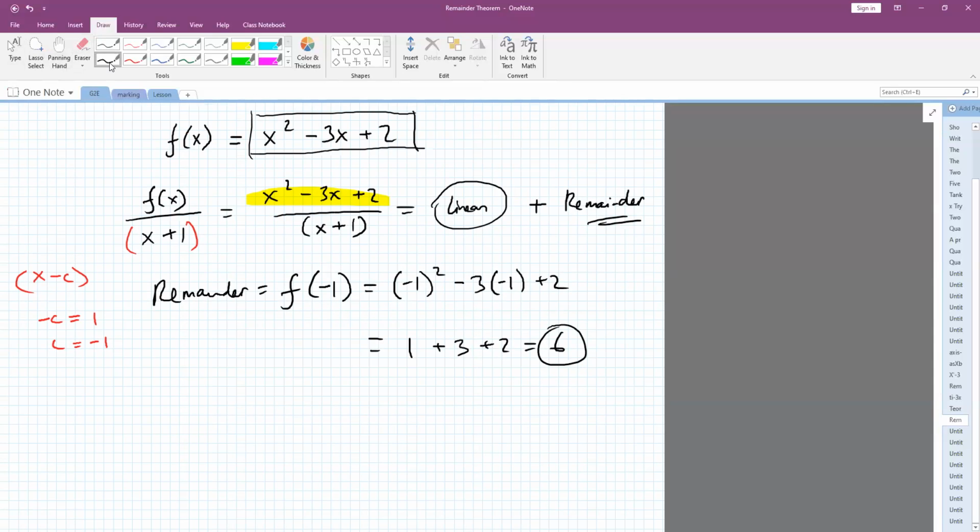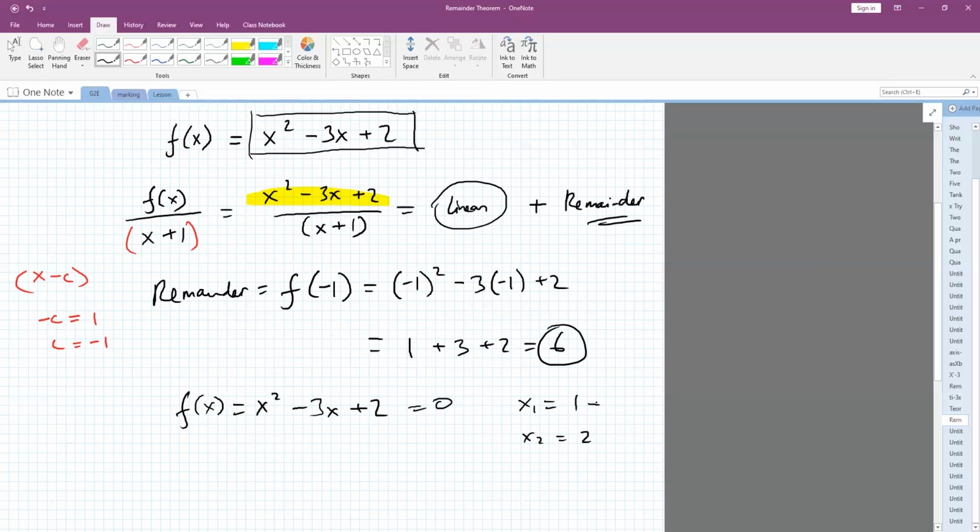So we already found the factors of this quadratic function. Remember when we have x squared minus 3x plus 2, and then you try to find the solution of this quadratic expression. Basically we equate this to 0, and then we got the first one equal to 1, and the second one equal to 2.